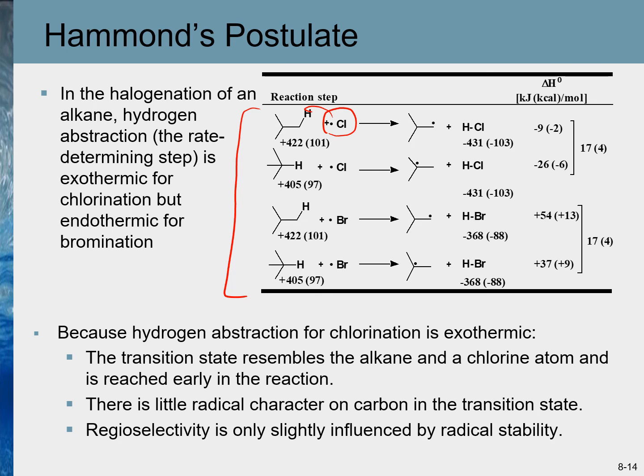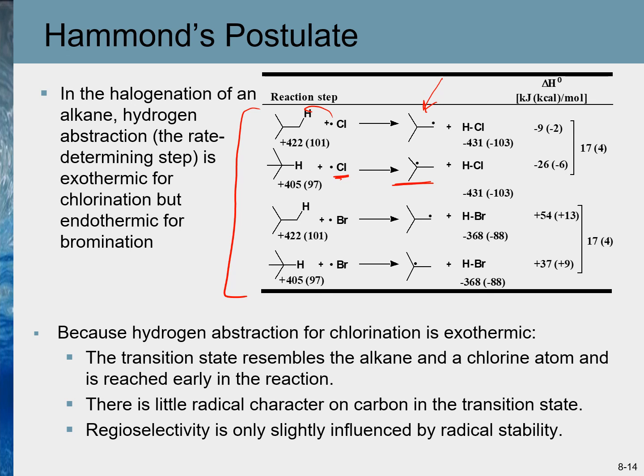This table shows the enthalpy of 4 different reactions. In the first reaction, a chlorine radical abstracts a proton from the primary position, resulting in formation of a primary radical. In the second case, the chlorine radical takes a proton away from a tertiary alkane, resulting in formation of a tertiary radical.